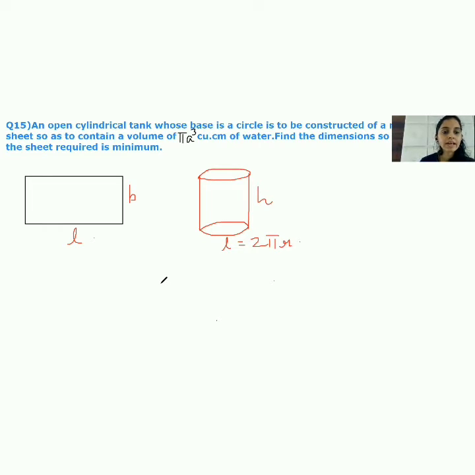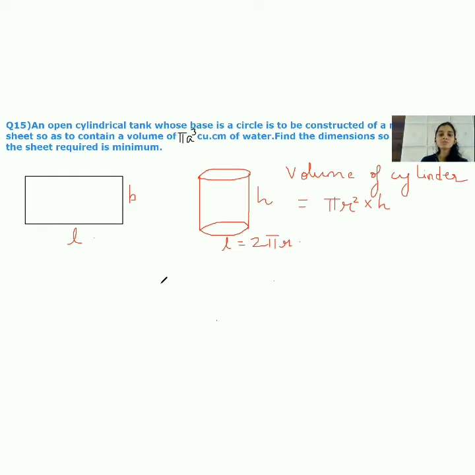You can say that length has turned into the circumference of the cylinder and breadth has turned into the height of the cylinder. So what is the volume of a cylinder? Base area times height. Volume of cylinder is equal to pi r square, the base area, multiplied by height, correct?